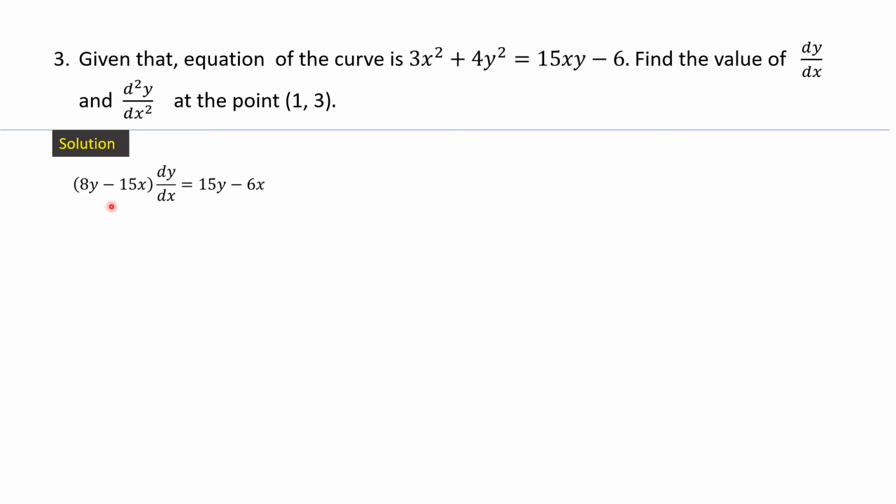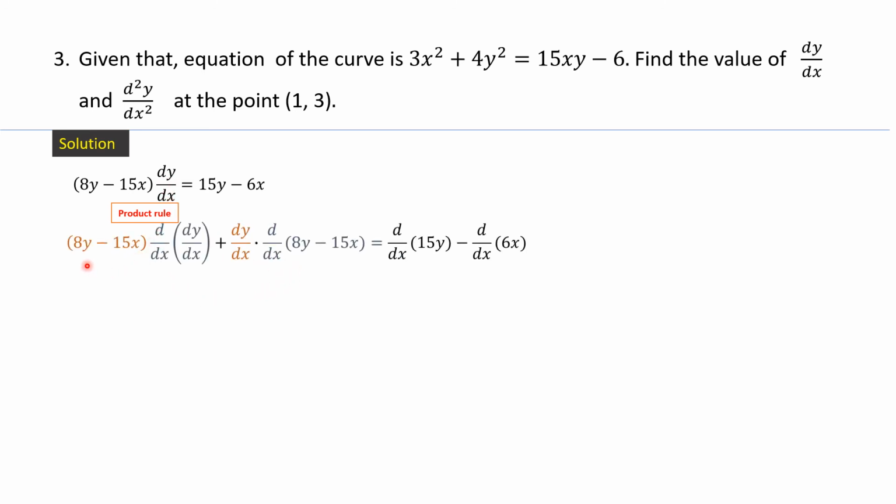So (8y minus 15x) dy/dx equals 15y minus 6x. This is a product rule, where u equals 8y minus 15x and v is dy/dx. We keep 8y minus 15x and differentiate dy/dx again, plus keep dy/dx and differentiate 8y minus 15x, equal to the derivative of 15y with respect to x and the derivative of 6x.